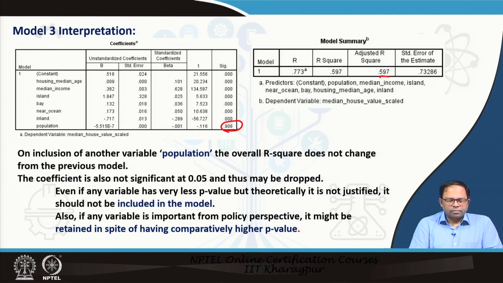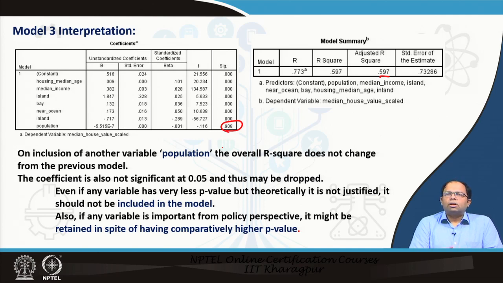As I was telling you earlier, sometimes even though a variable is not significant, of course not to the level of 0.908, but if it was near or around 90% confidence interval, or maybe a little bit lesser as well, we can include a variable if it has a lot of theoretical importance. That means, from a priori knowledge, we know that this variable is very important and a good predictor.